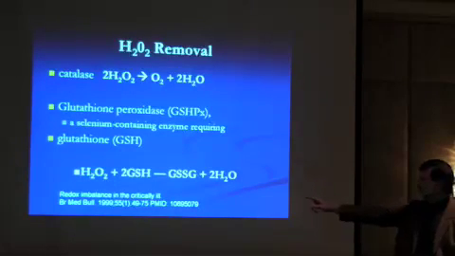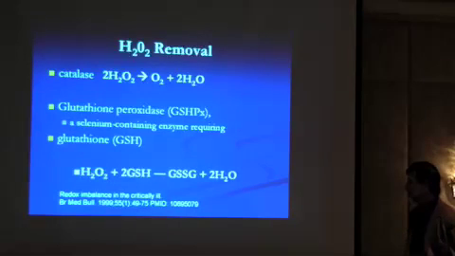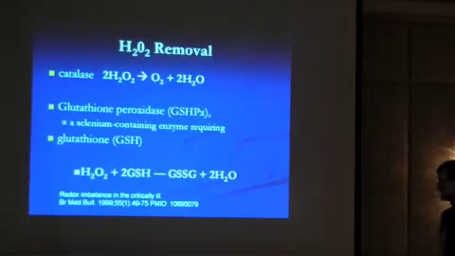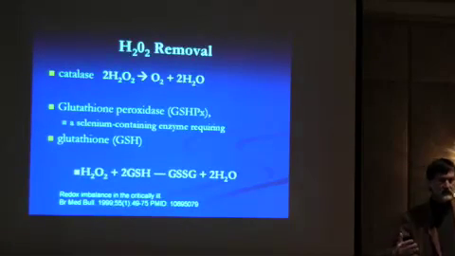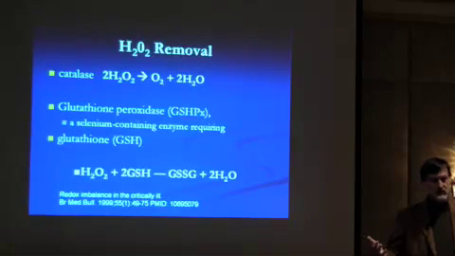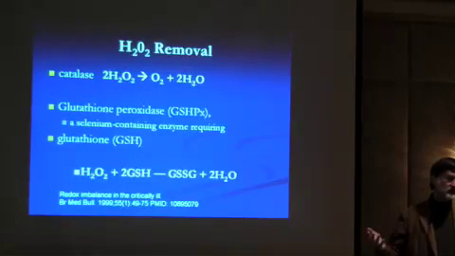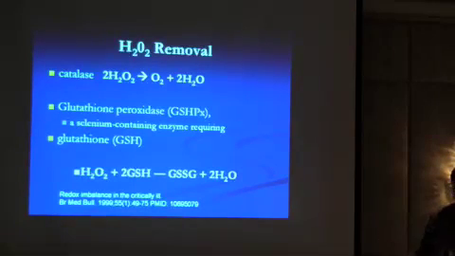So what happens then is, with glutathione peroxidase working, you can turn peroxide using a couple of glutathiones into oxidized glutathione and water. So this reduces the peroxide, which can be broken down by exposure to transition metals like mercury or even oxidized iron or copper into the hydroxyl radical.